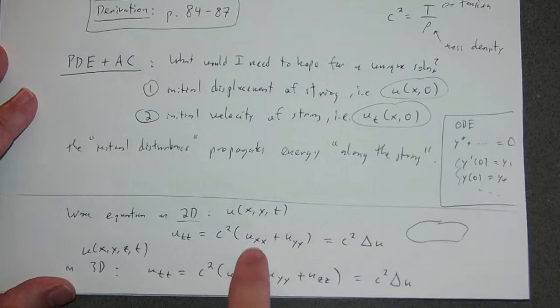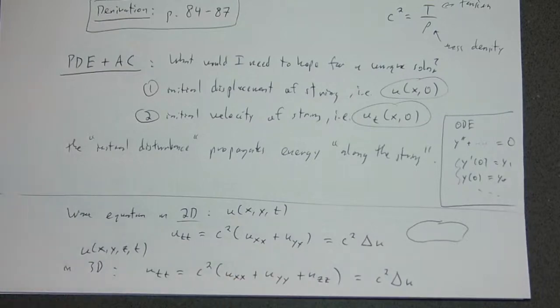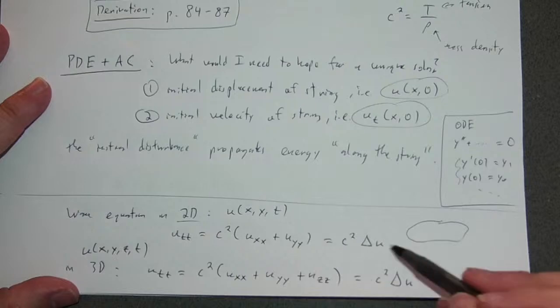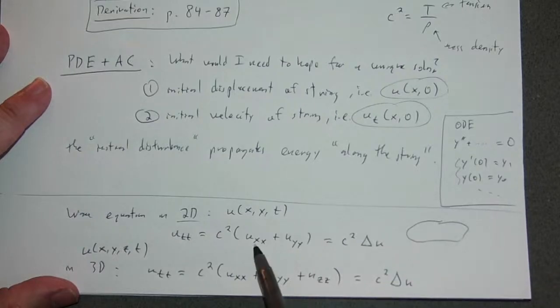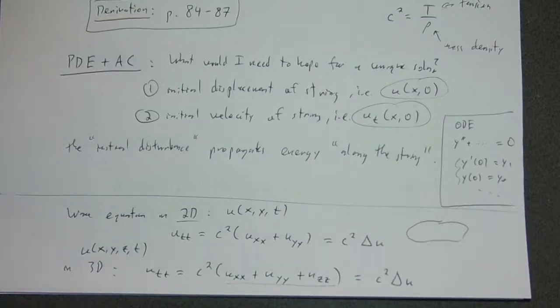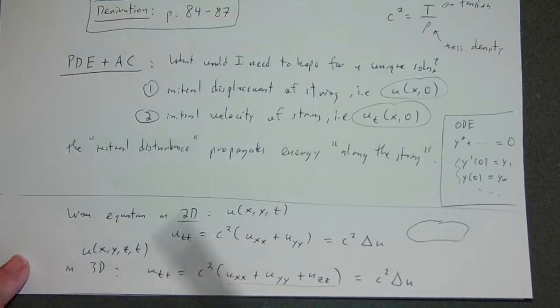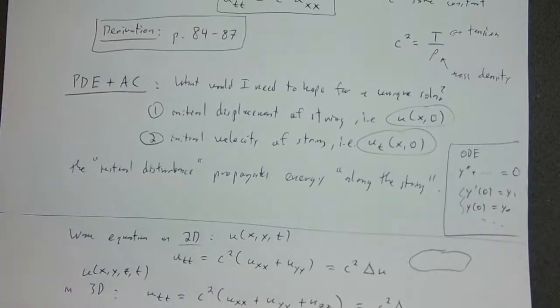You can think of the Laplacian as the trace of the Hessian, however you want to think about it. It's an operator that takes u and takes its pure second order x partial, adds it to its pure second order y partial if it's 2 dimensions. If it's 3 dimensions, it does the same thing, except now there are 3 variables. We're going to talk about the wave equation in these cases, so just hold tight, and we will talk about those in a few lectures.